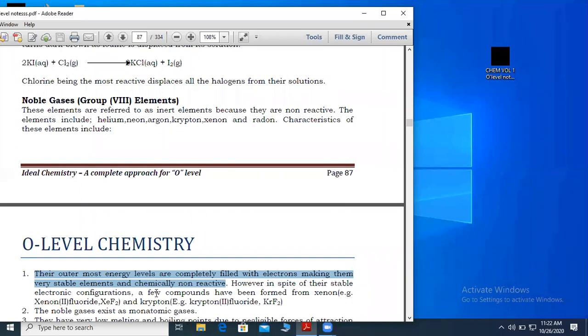Their outermost energy levels are fully filled with electrons. So they are very stable. Don't just say they don't react because they are very stable. No, we shall ask you why they are stable. They are stable because their outermost energy levels are fully filled with electrons.